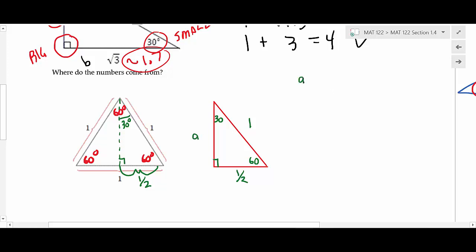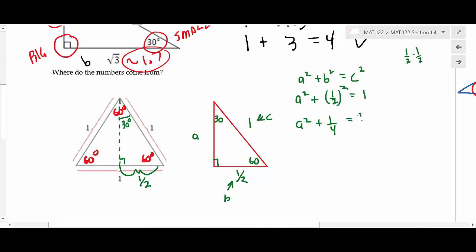Then if we do A squared plus B squared equals C squared, what we get is this. We're going to leave A alone. B is the other leg, so that's going to be 1/2 squared. And C is the hypotenuse, so that's going to be 1. Let's work it out and see what we get. We would get A squared plus 1/4, because a half times a half is a fourth, equals 1.